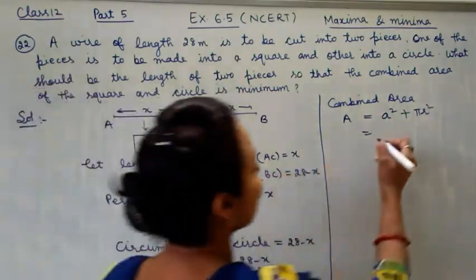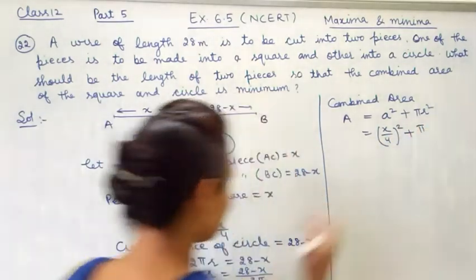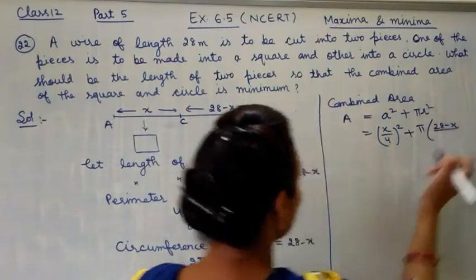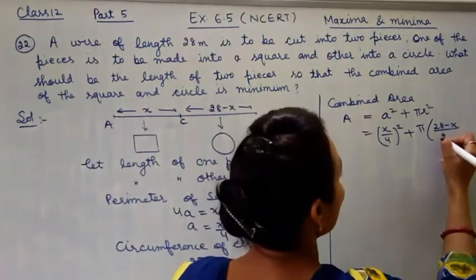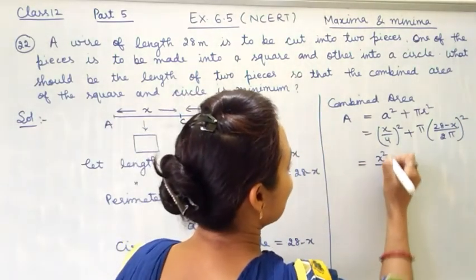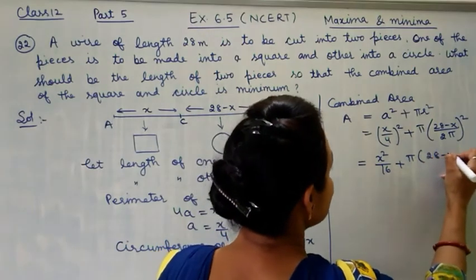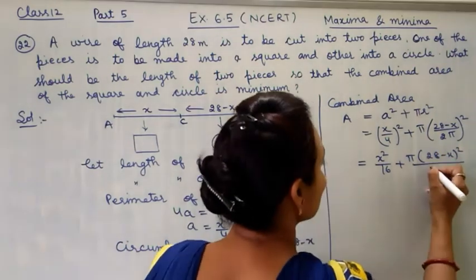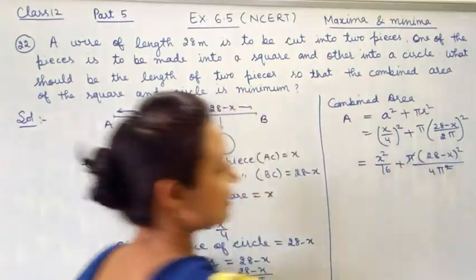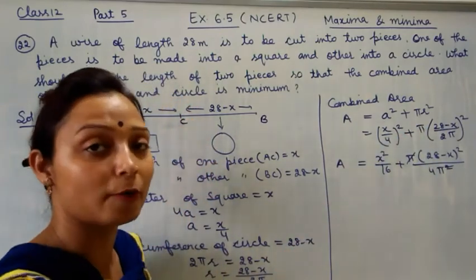That is x by 4 whole squared plus pi times 28 minus x upon 2 pi whole squared, right? Now solve: x squared over 16, plus pi times 28 minus x whole squared, divided by 4 pi squared, right? Pi and pi will cancel out. Now the full function is in the form of x only.